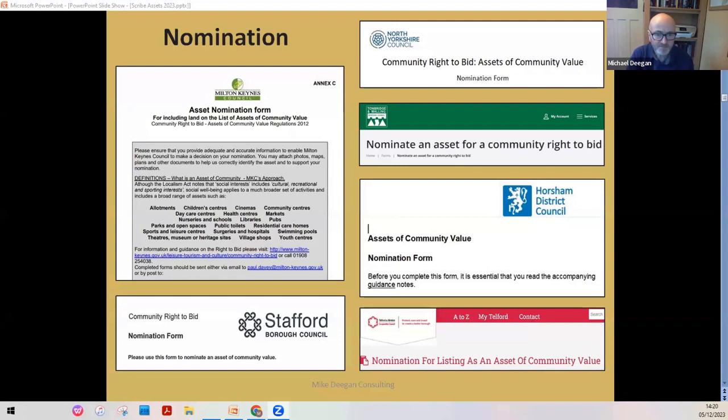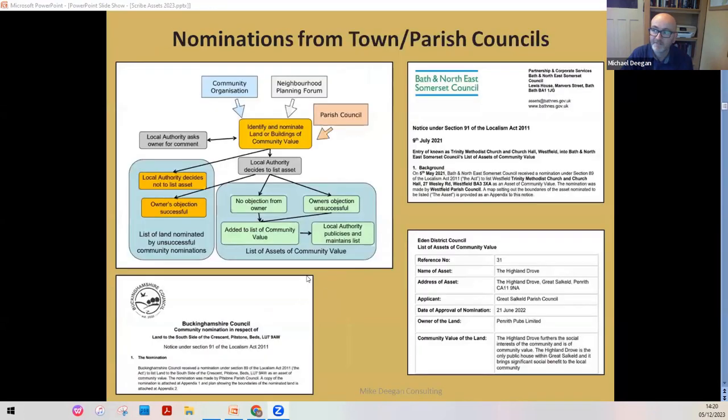And if your nomination meets the definition, the local authority, in theory, should list it as a nomination. And most councils have their own forms on their websites, as you can see here. So there's no one type, but there's lots of different examples around the country.